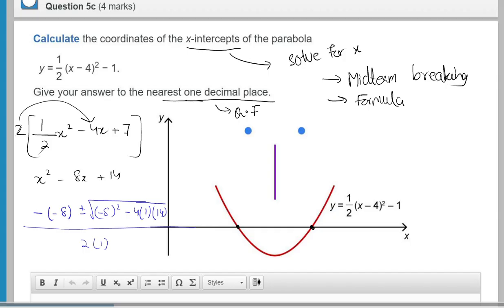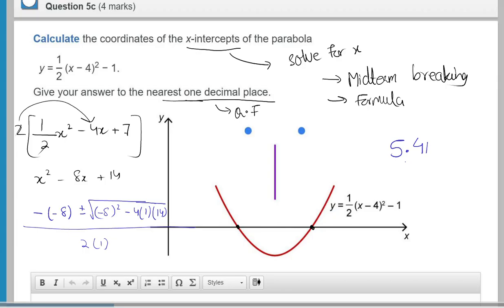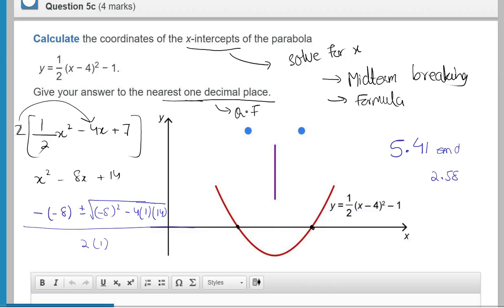One of the answers that I'm getting is, wait, oh no, 5.41, and the other answer that I'm getting is 2.58. Now since it's supposed to be correct to one decimal place, you should convert this into 5.4 and this into 2.6. So these two are going to be the right answers.